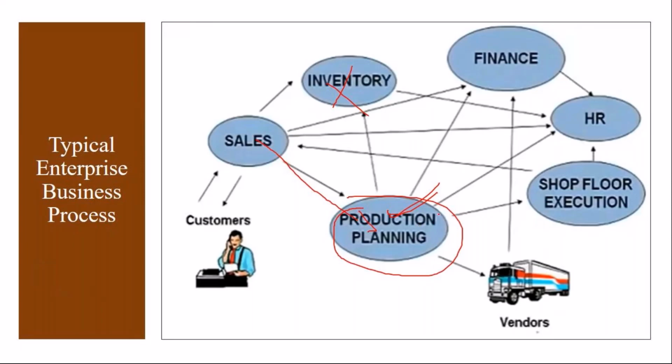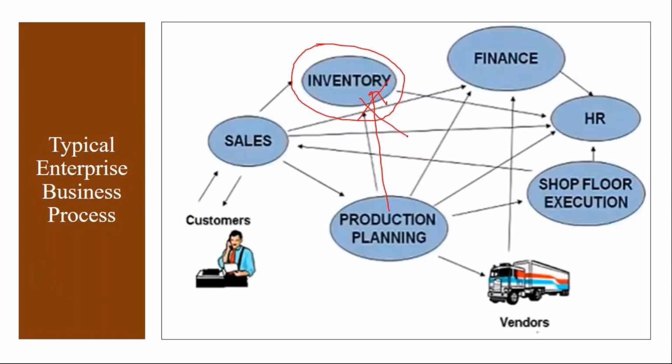The production planning team then contacts the inventory department to check the inventory of the raw materials required to produce the product. If the raw materials are not available, the planning department will purchase those raw materials from the vendors. So the procurement happens.